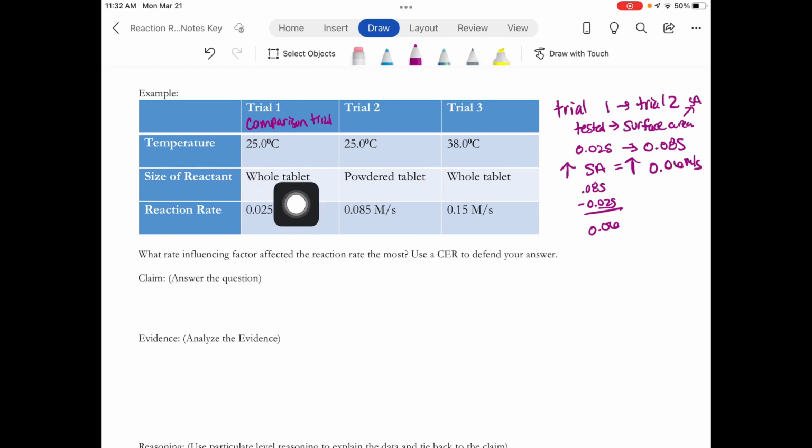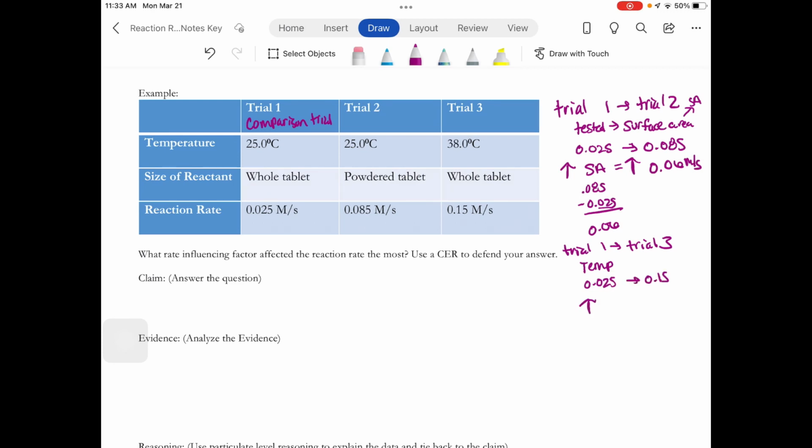Now let's compare trial 1 to trial 3, because that also has only one thing changing. This is when we changed the temperature, because the whole tablet stayed the same. So we changed the temperature, and when it went from 0.025 to 0.15.